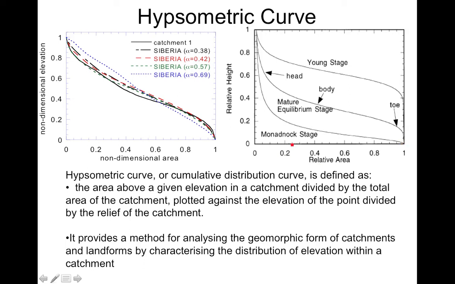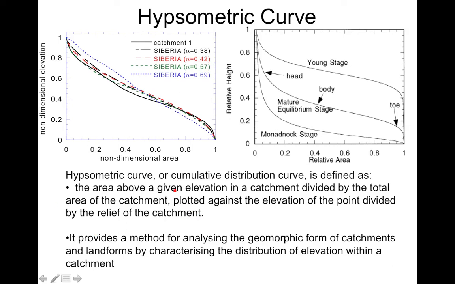And so we can see that our catchment up here is probably in this mature equilibrium stage, somewhere in between the young stage and the fully eroded landscape, okay? It's heading off because it has a little bit of a toe down the bottom.